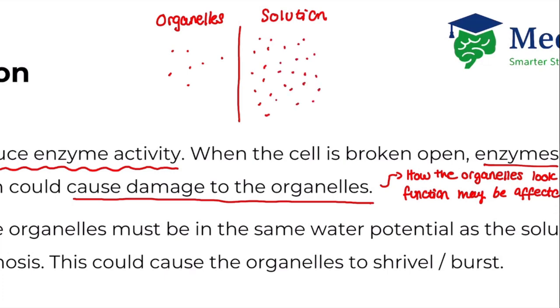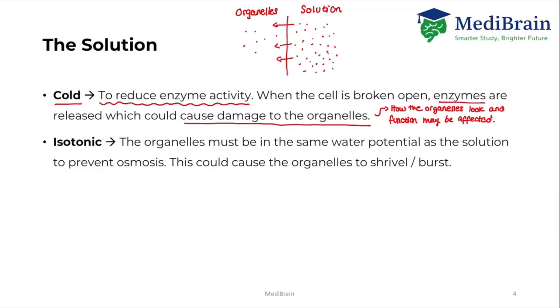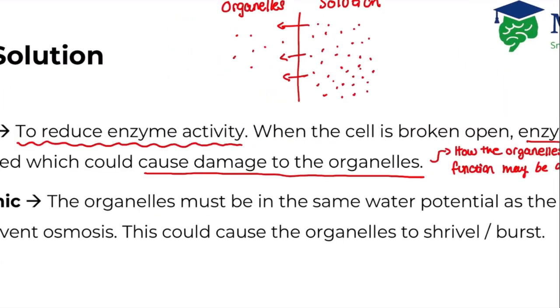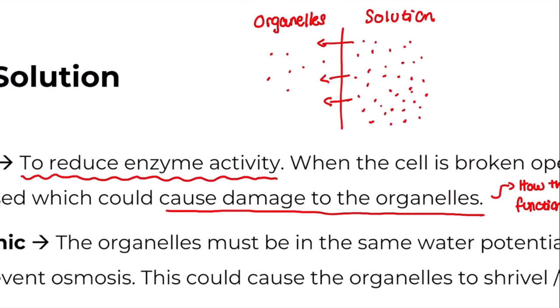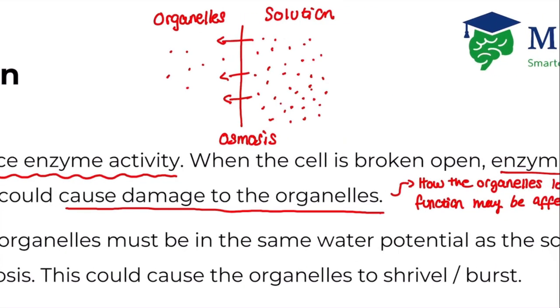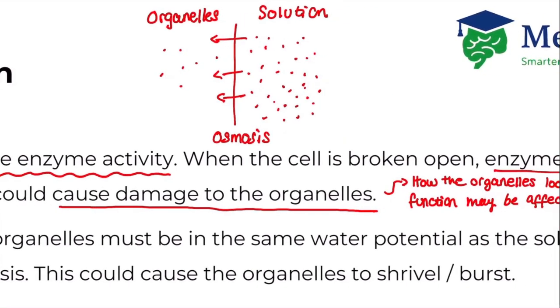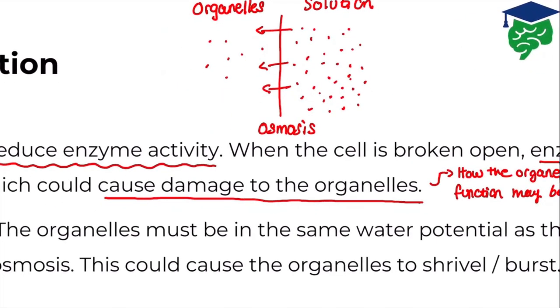So what's going to happen is that these water particles are going to move into the organelle by osmosis, across a partially permeable membrane. And when they move into the organelles, the organelles can burst, basically. It can cause damage to organelles. Organelles can burst.